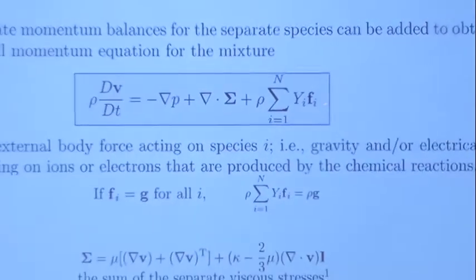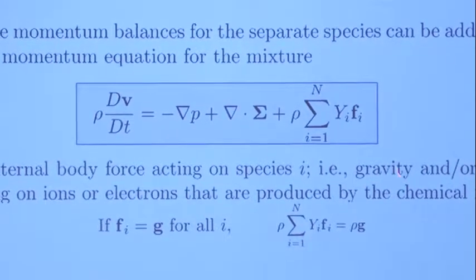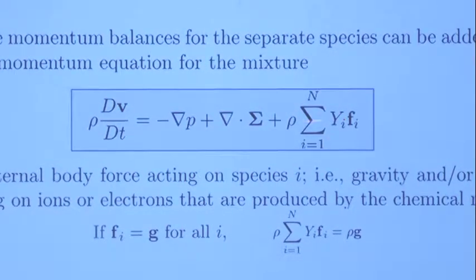On other species, it's not. And so at the moment, I left it as such, but if, for example, the only body force is gravity, g, and clearly it acts on all the species the same way, then that term becomes rho times g because the sum of Yi is 1, right?